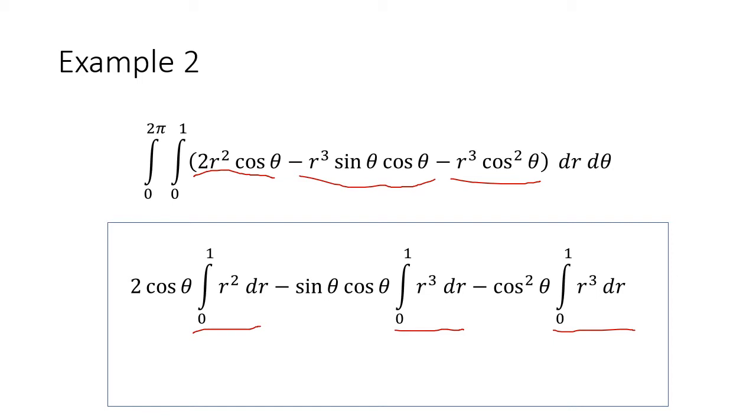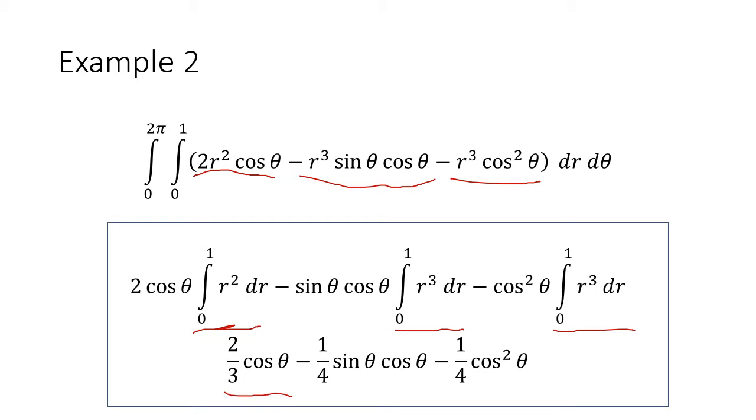But I also know that evaluating at 0 is just going to give me a 0 for any polynomial expression. And when I evaluate at 1, well, 1 to any power is just 1. Which means that when I take the antiderivative of r squared, that first one, I'm going to get 1/3 r cubed, which is just 1/3, which combined with the thing in front gives me 2/3 cosine theta.